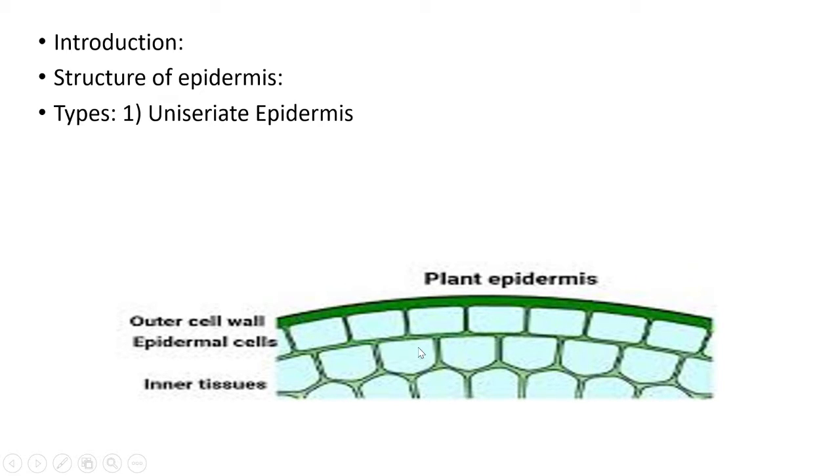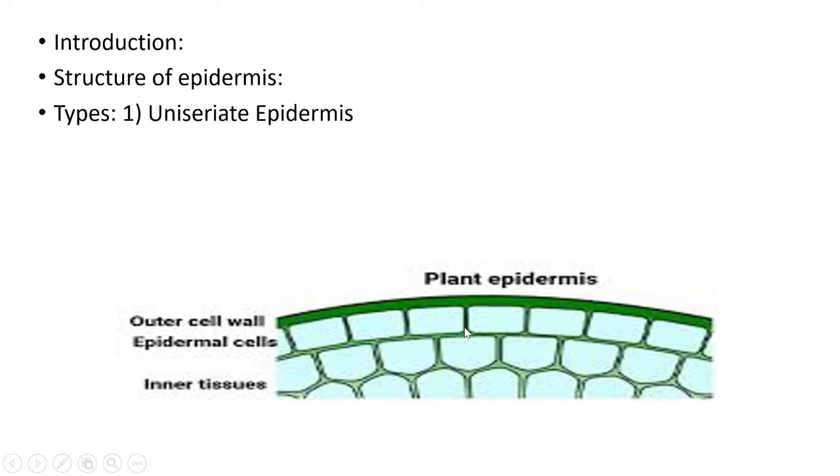Epidermal cells are horizontally placed. Now see in this diagram, this is the coating called the cuticle, which is green in color, and just below the green surface layer there is one layer of epidermal cells.